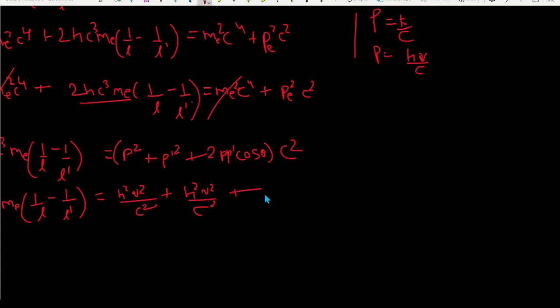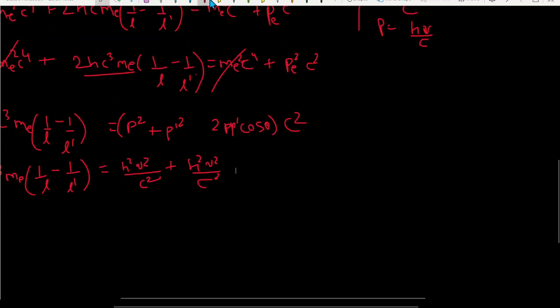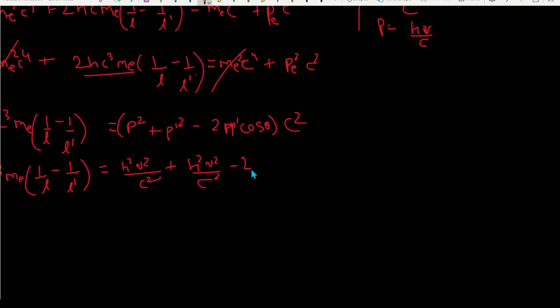No, it should be minus, not plus, so it's minus, and here also minus 2h square mu square divided by c square, and in the bracket it's c square. So the c square and c square get cancelled.